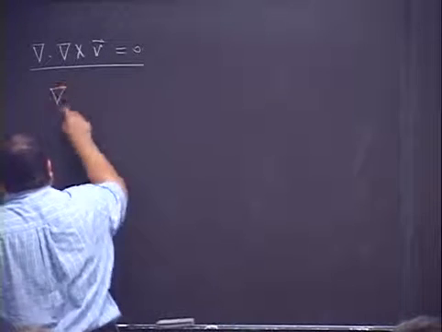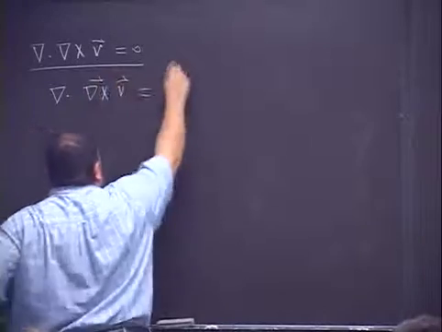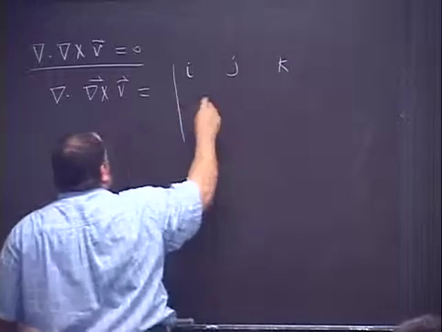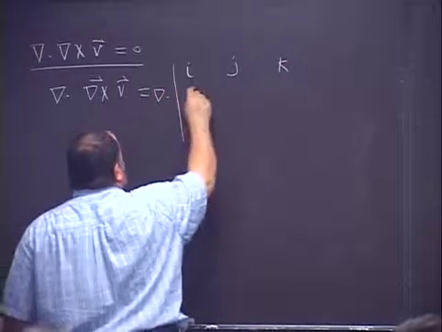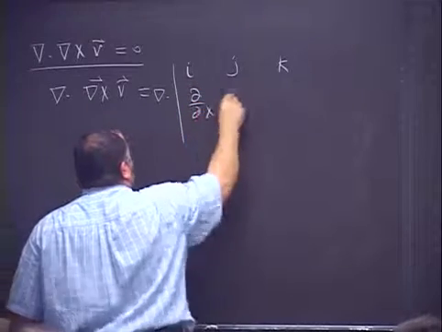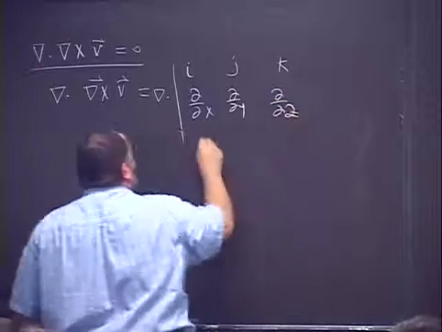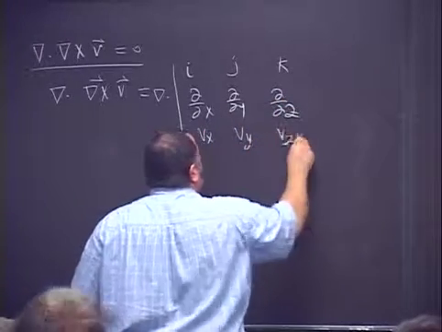The divergence of a curl of a vector v is nothing more than the divergence with the curl, and the curl is what? i, j, k, d by dx, d by dy, d by dz, and again this is vx, vy, and vz.